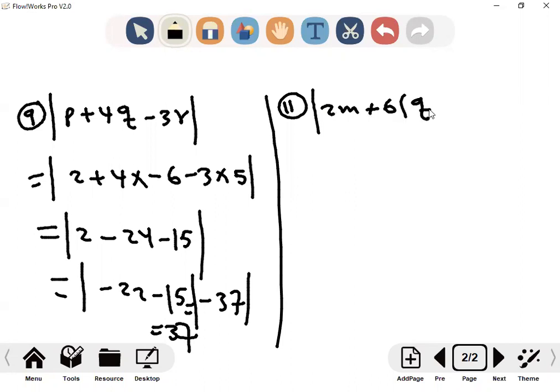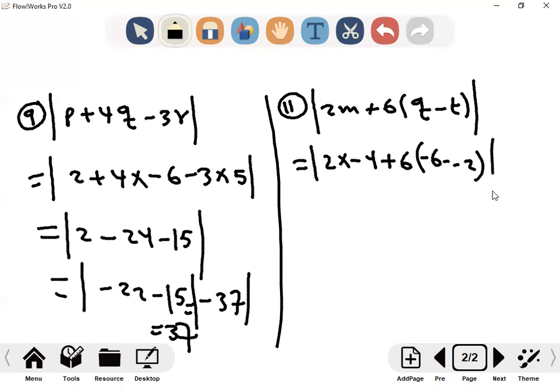Question 11, we have the absolute value of 2n plus 6 with a bracket q minus t. This is equal to 2 times n, which is -4, plus 6 with a bracket q, which is -6, minus t, -2. So we have two negatives here. One from the question and the other negative from the t itself, right?